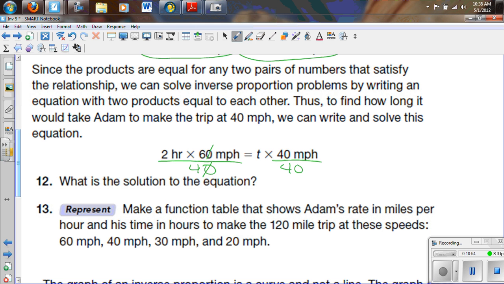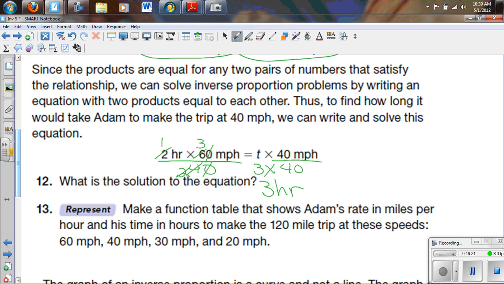I'm going to cancel the 10s, and I'm going to cancel a 2, and then 2. And so we end up with 3 times 40, because 3 times 40 is the same as 2 times 60. So he can take 3 hours at 40 miles per hour and go the same distance he went if he went for 2 hours at 60 miles per hour.